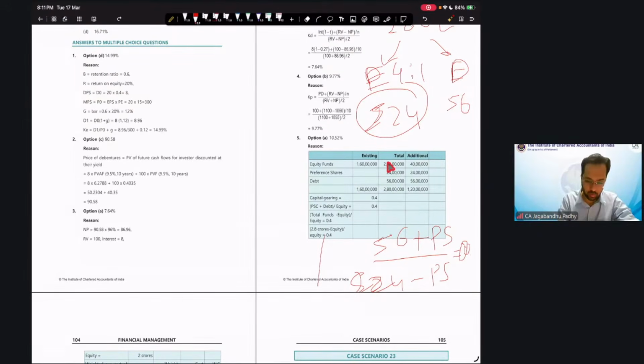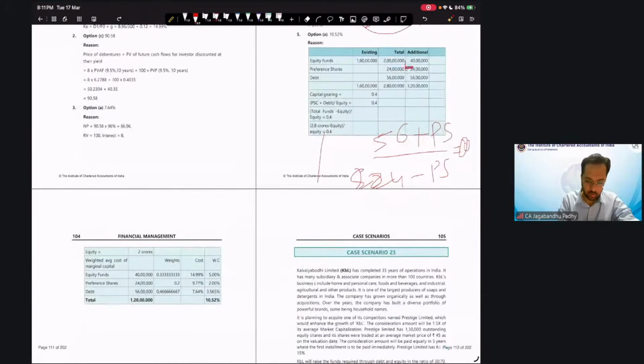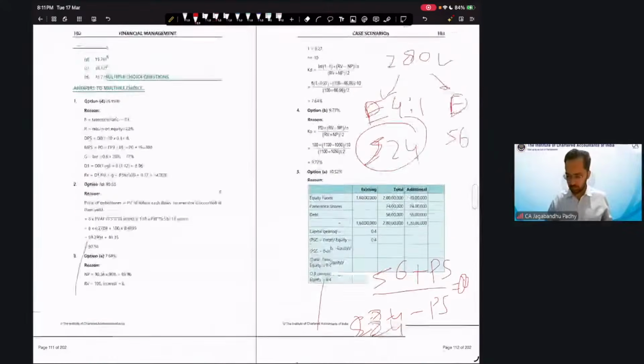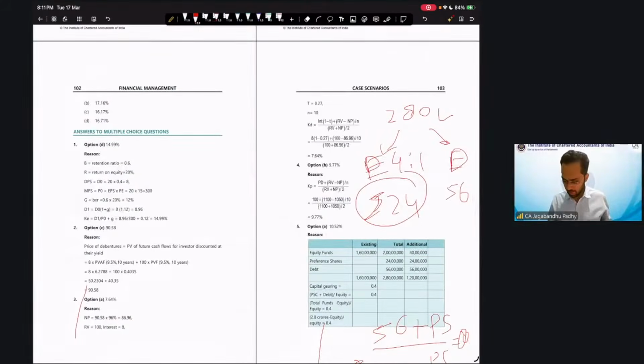Then equity share is left out. Based on these additional ratios, you get the weightage as 40, 24, and 56. Take simply the weighted average for the marginal cost of capital. Are we clear with this question, guys?